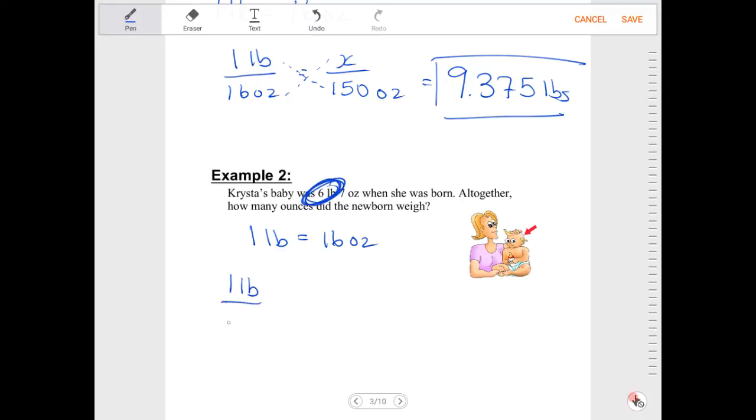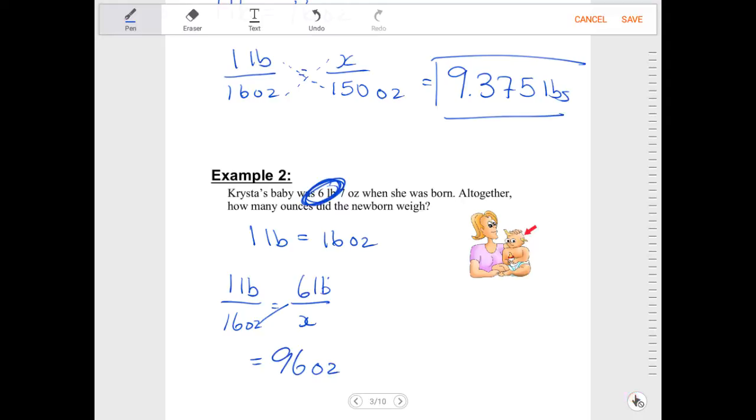I'll show the longer way. That's probably a little more difficult, but whatever. Let's see here, we have 6 pounds, that should go on top. So that's going to be essentially 6 times 16. So all together, 6 times 16 should be 96 ounces.